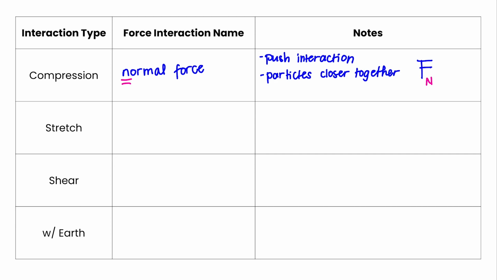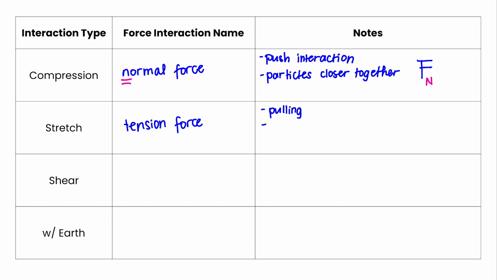All right, now for stretch, that would be called a tension force. Okay, tension force, there's a pulling interaction that's happening. A pull, and then you can see things that are being stretched because the particles kind of are expanding away from each other.